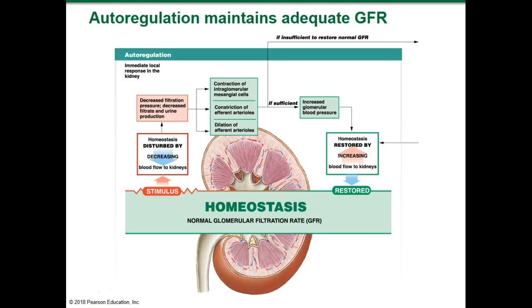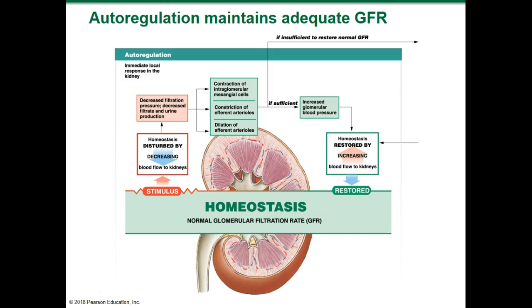Okay, so let's say we have homeostasis disturbed by decreasing blood flow to the kidneys. This causes decreased filtration pressure going in, therefore decreased filtrate and urine production. This is going to cause contraction of the intraglomerular mesangial cells, constriction of the efferent arterioles, and dilation of the afferent arterioles.